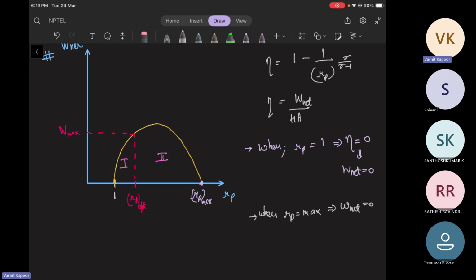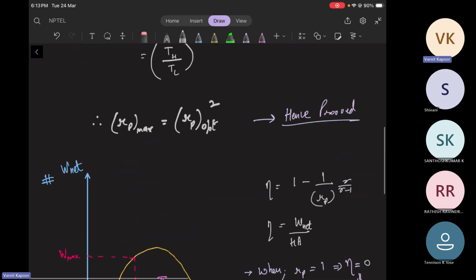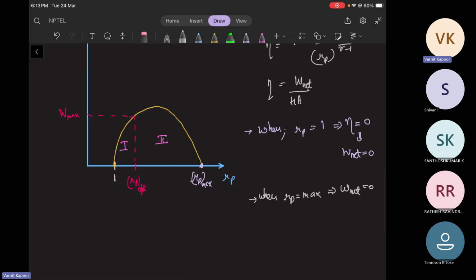Because we have just derived that maximum RP is the square of RP optimum. Let us take an example: if my optimum is 2, then maximum will be 4. So the optimum will not be in the middle, and the area of the second region will always be greater than the area of the first region.